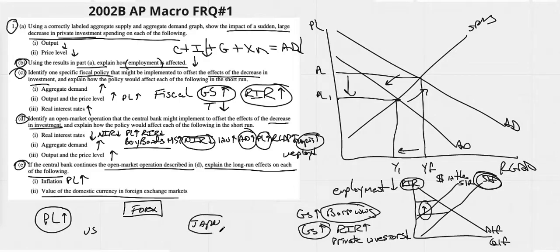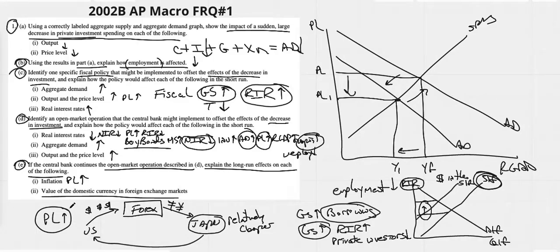Japan prices look relatively cheaper. So if their goods look relatively cheaper, U.S. citizens are going to dump their dollars into the FOREX, and they're going to buy Japanese yen to pay for those relatively cheaper goods that the U.S. would import. So we can do this two ways.